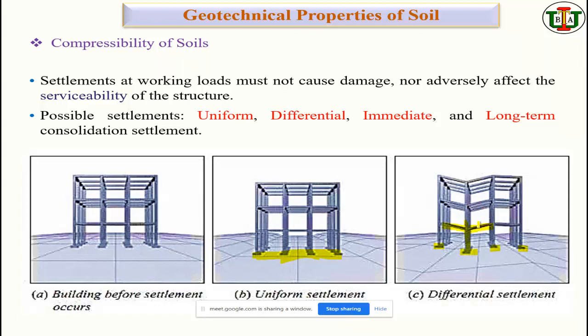If these members are inclined, it will generate two kinds of force. One is the vertical and one is the horizontal. So at that time this structure has a chance to face horizontal thrust or horizontal forces, right? You understand?